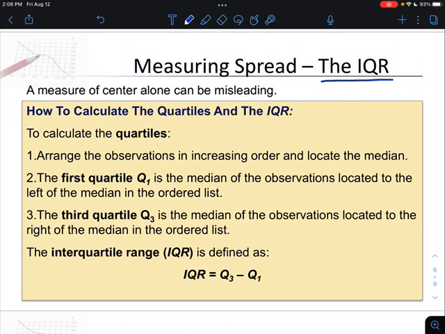So to calculate this, we need to calculate what we call our quartiles. In our data, we have a minimum value, and this is going to be something we talk about next week. We have a quartile 1, which divides the first half in half. We have our median, which is in the middle of our data. We have Q3, which divides the top half in half.